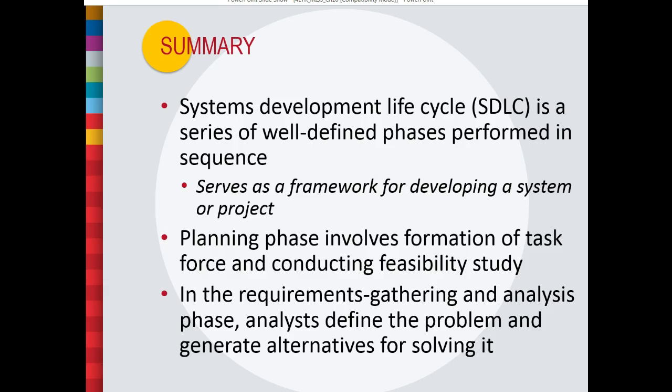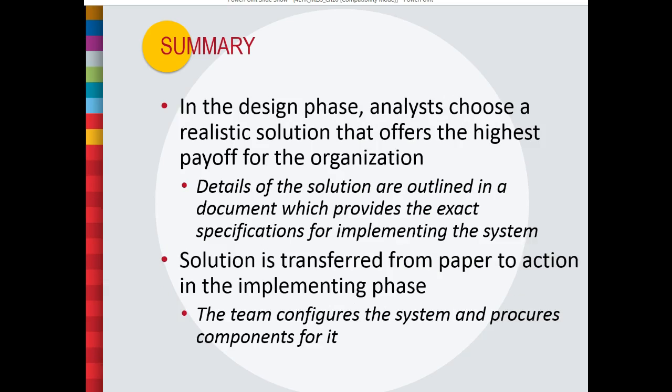So let's summarize what we have talked about in this whole chapter. Some of the key points you may want to get out of this chapter: the system development life cycle is a series of well-defined phases performed in a sequence. The planning phase involves formation of a task force and conducting feasibility studies. In the requirements gathering and analysis phase, analysts define the problem and then generate alternatives to solve it.